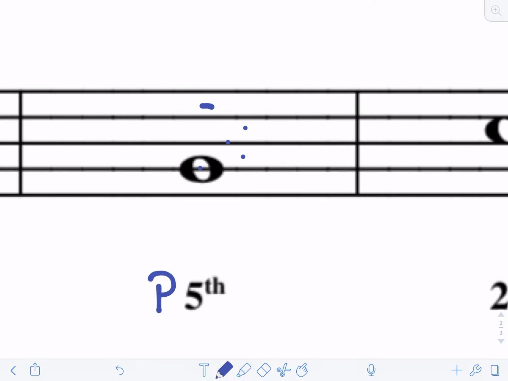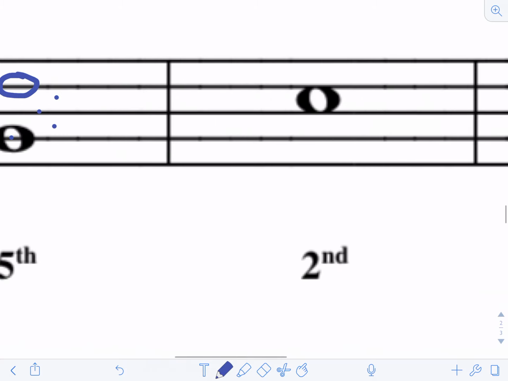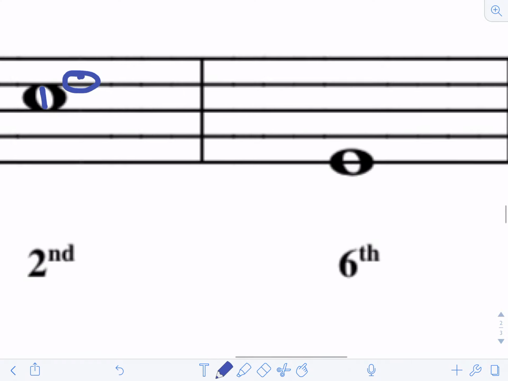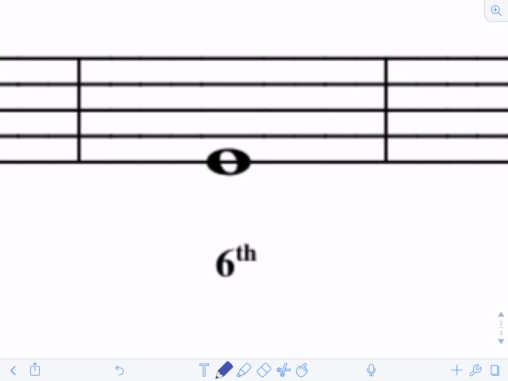1, 2, 3, 4, 5. Seconds are easy. 1, 2, just right here on that next line. And they're going to touch and be kind of side by side. Major 6, 1, 2, 3, 4, 5, 6 is in the space.